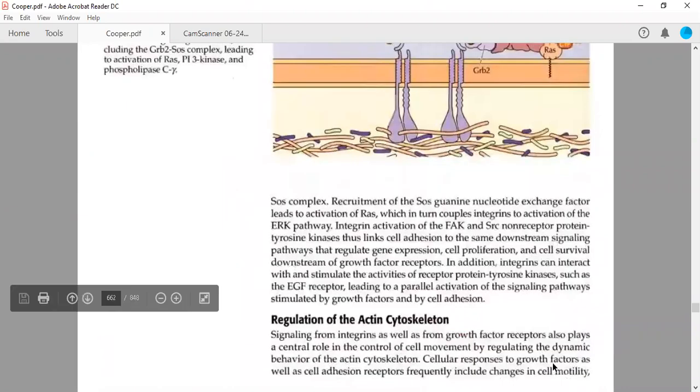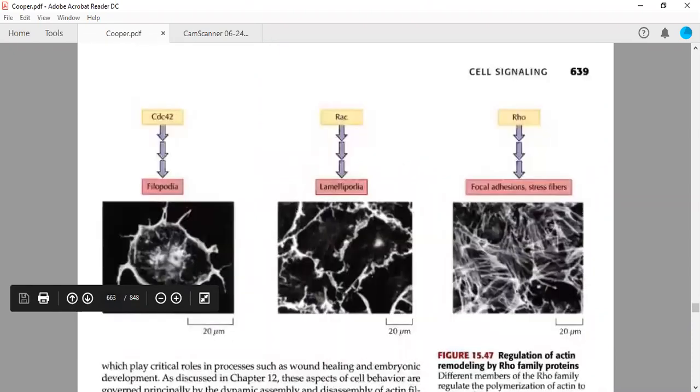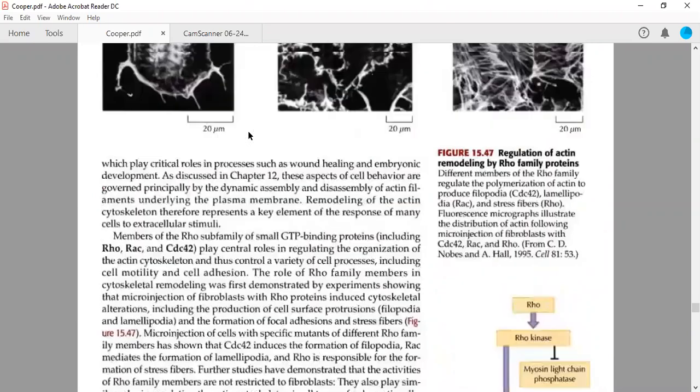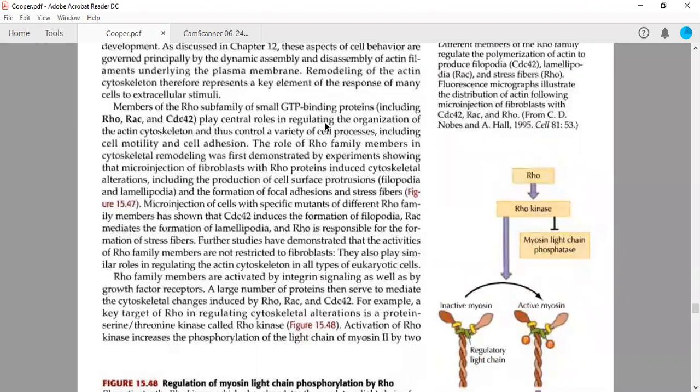So cell motility or cell movements are under the control of CDC42, RAC, and Rho. Either they form filopodia and lamellipodia, or Rho forms the stress fibers. As we have seen in this diagram, these three proteins, Rho, RAC, and CDC42, play a central role in regulating the organization of the actin cytoskeleton, and thus control a variety of cell processes, including cell motility.